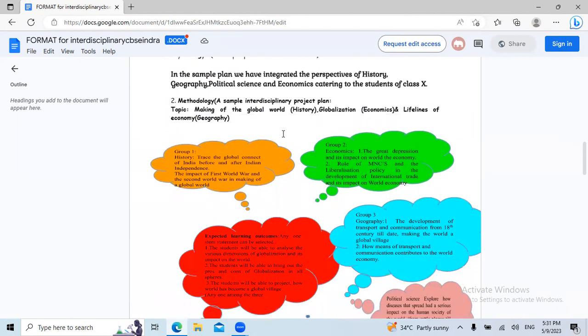In the sample plan, we have integrated the perspectives of history, geography, political science, and economics, catering to the students of class 10th. Methodology: a sample interdisciplinary project plan. The topic is Making of the Global World, history, then Globalization and Economy, and Lifelines of Economy, that is geography. In this way, history, economics, and geography are interlinked.